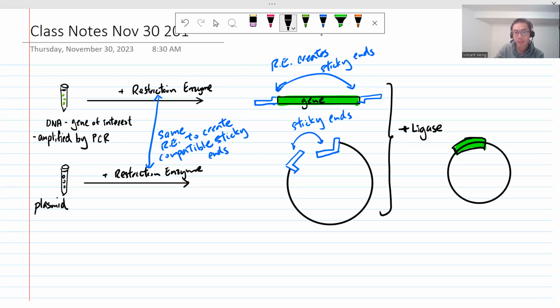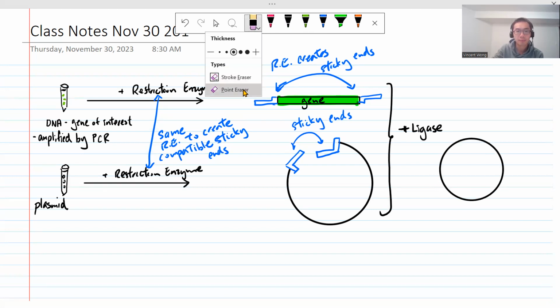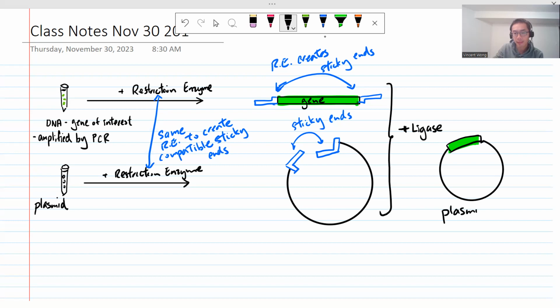Let me try that one more time. There we go. So this is a plasmid plus gene of interest.